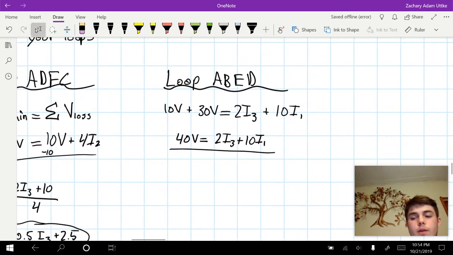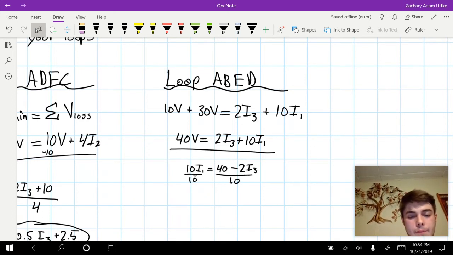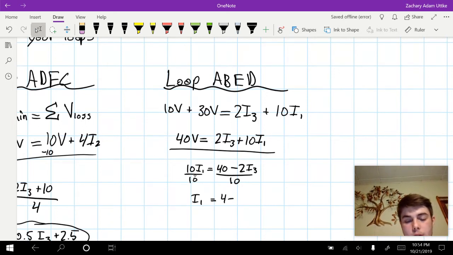And going back to our second loop, we want to isolate I1. So 10 I1 equals 40 minus 2I3, and then we can divide both sides by 10. So we have I1 equals 4 minus 0.2 I3. So now we have an equation for I1.